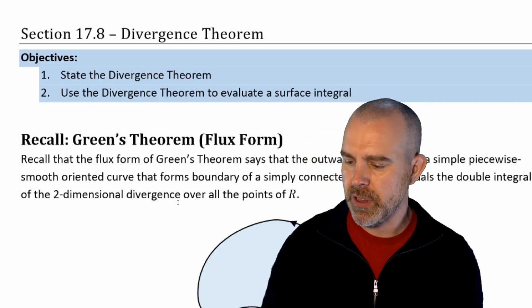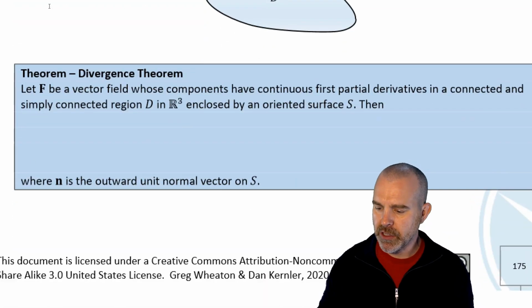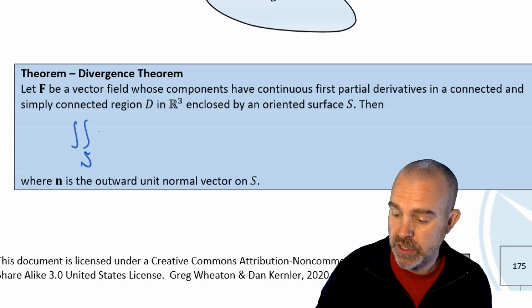So if we go down to the bottom in our notes, here is the divergence theorem. Let's go ahead and fill this in. It is the double integral, the surface integral, I should say.